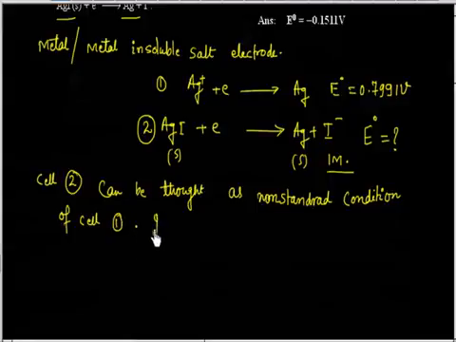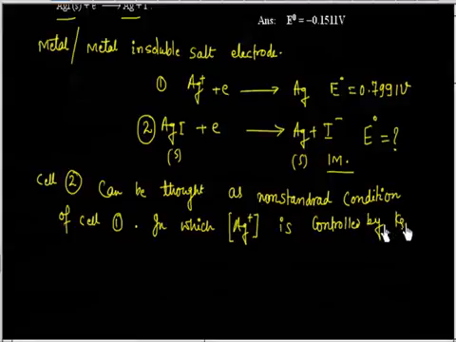Are you getting? In which the concentration of Ag plus is controlled by the Ksp value. So this is controlled by the Ksp value.